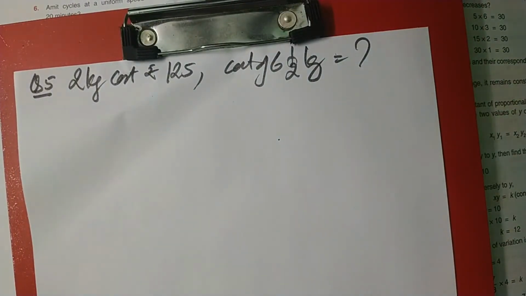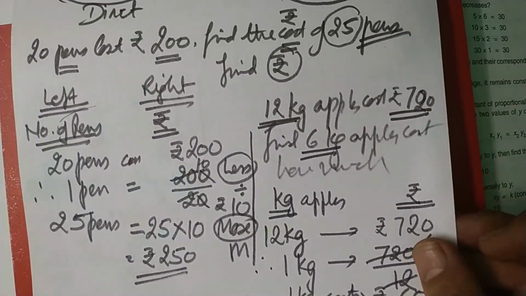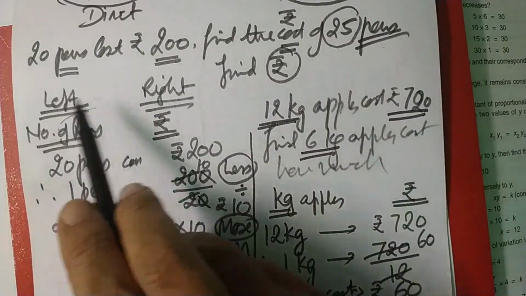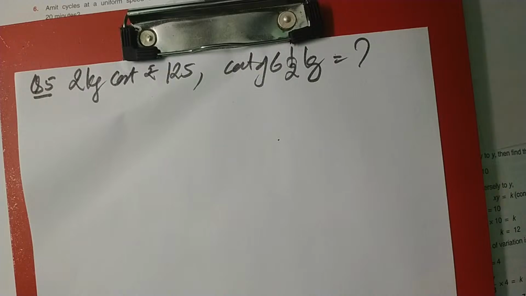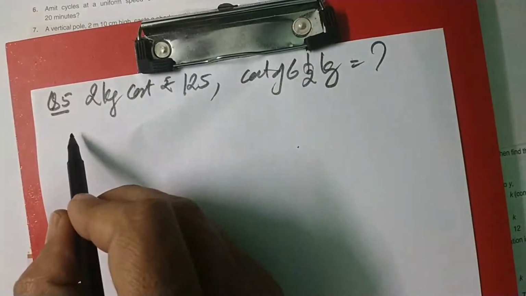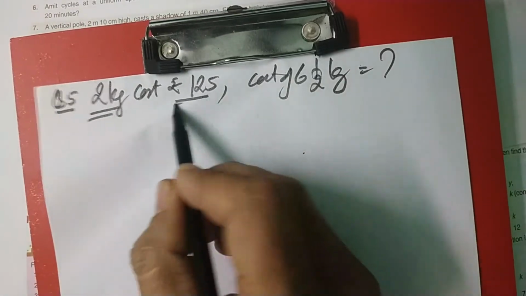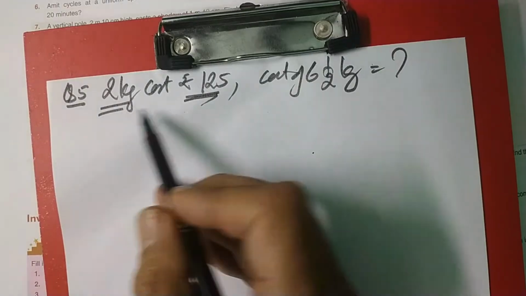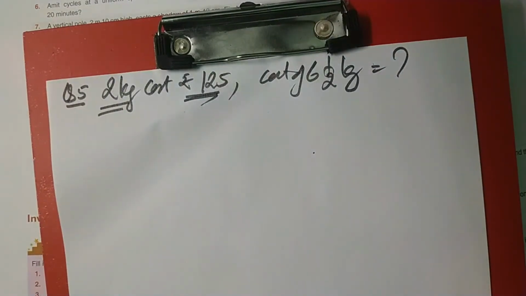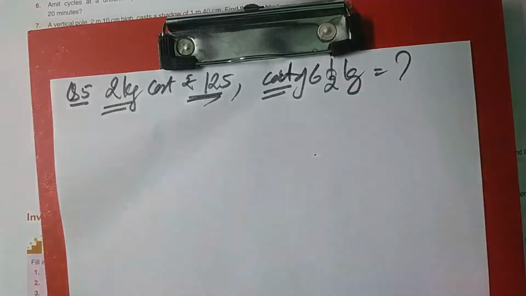So again, like in the question I told you, you have to keep left and the right. So in this question, what will you keep on the left side and on the right side? I told you there are two things. One is kg, one is rupees. So what do we have to find? How much kg or how much money? Yes, it is written how much money. It is written find the cost.